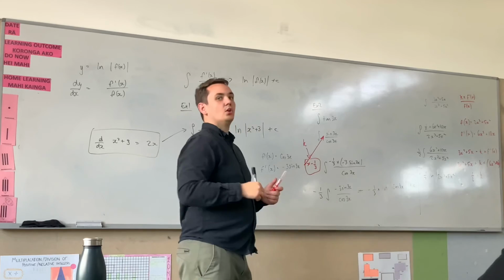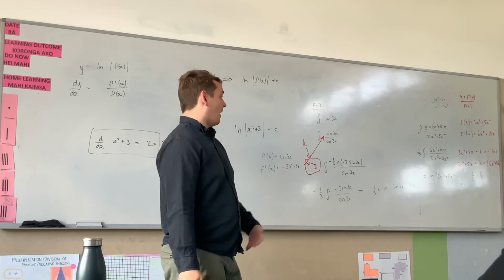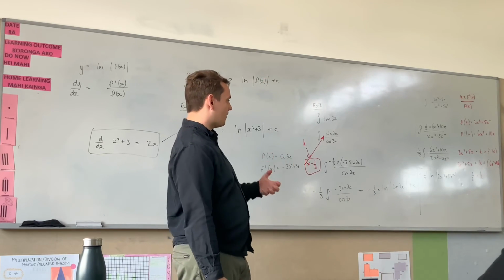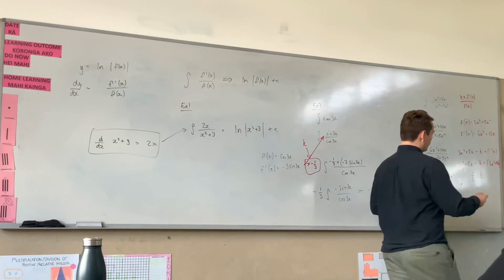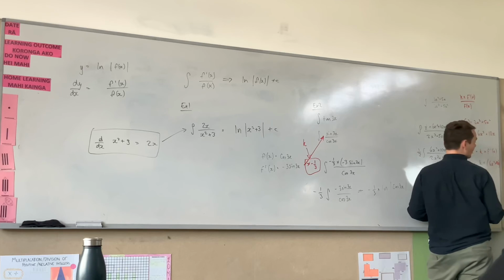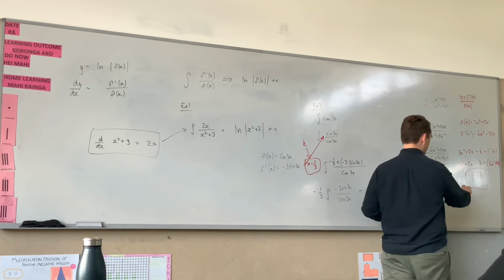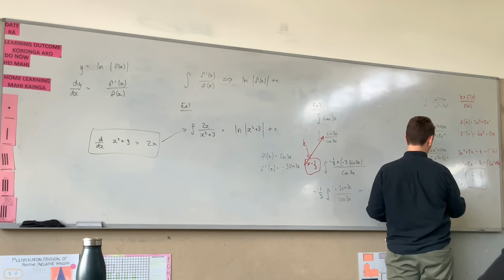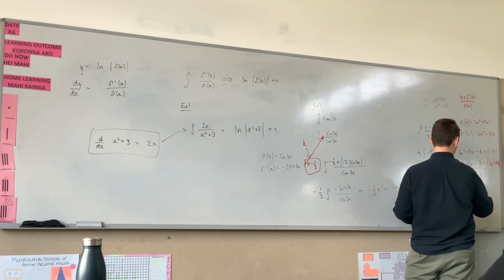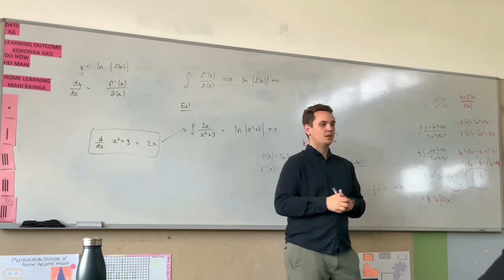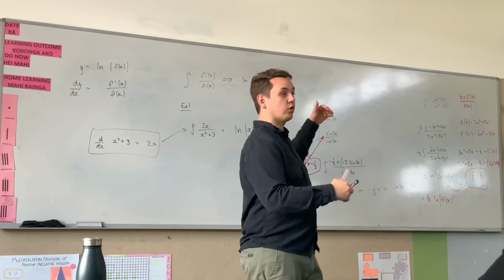What I've written there is for working. Generally, finding out what the k value is, as soon as you find that out, you can just go straight to this, which is k natural log of the function. You don't technically need all of those lines of working.